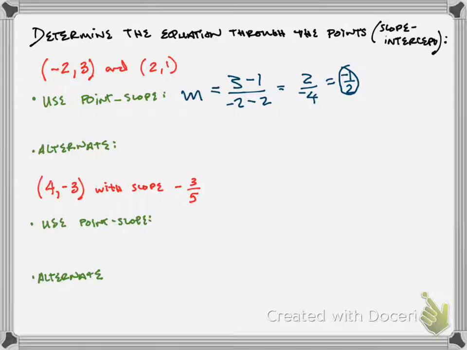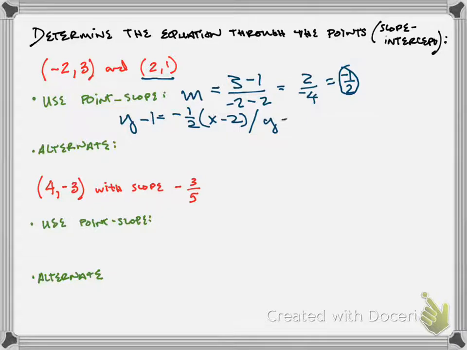Now, if I'm using the point-slope formula, recall that I can put in either ordered pair. It makes no difference. I'll use this one so that I can work with positive 2 and positive 1. And so y minus 1 is equal to negative 1/2 times the quantity x minus 2. We'll clean that up.